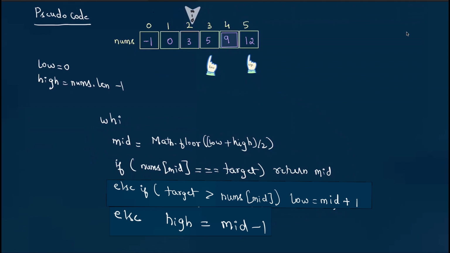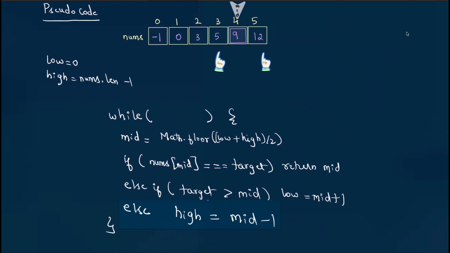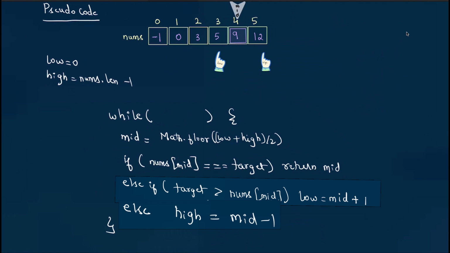So while some condition, this must happen. What should be the condition inside the while? Let's say we did not find the element, then low will further update and high will further update as well. Low will move to the right and high will move to the left.